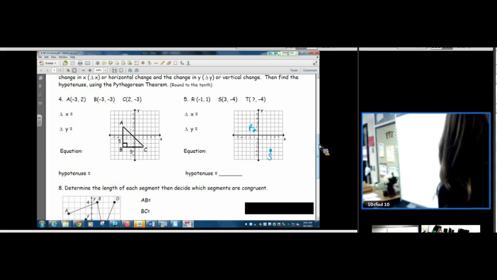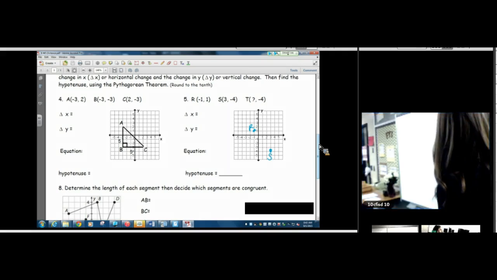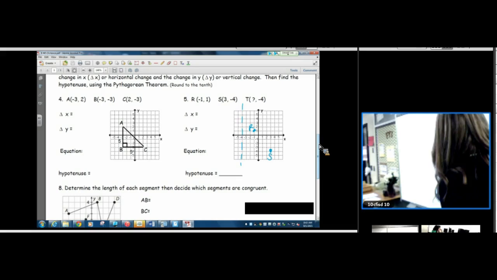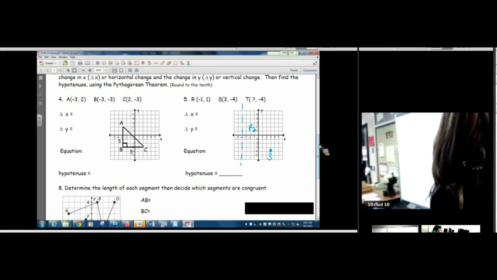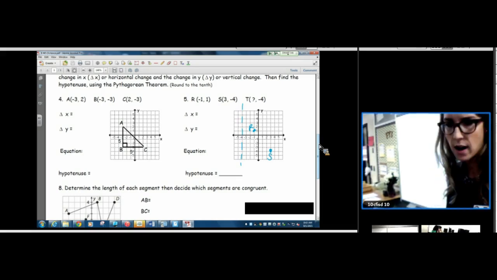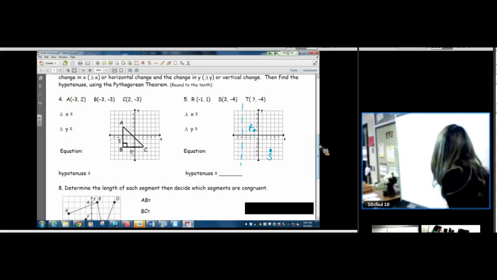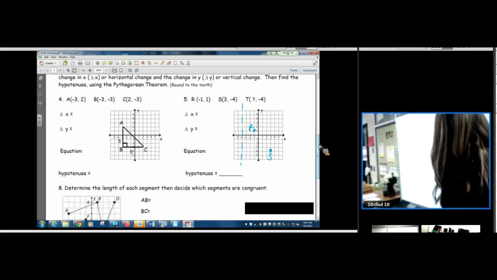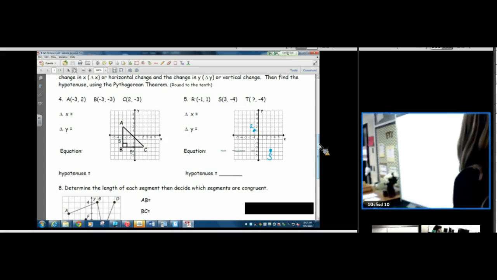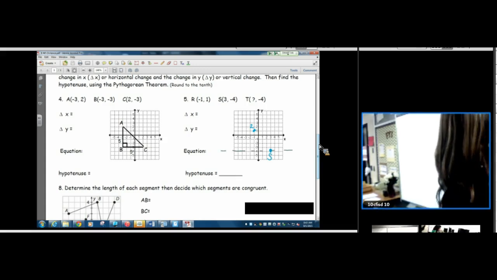Oh, but it says that T has to be somewhere at negative 4, so T has to be somewhere over here. So I know that to make my right triangle, sorry, it's not that X was negative 4, Y was negative 4. So it has to be somewhere on this green line. And if it has to fall on that green line, then it's going to have to be there because we know it's a right triangle.